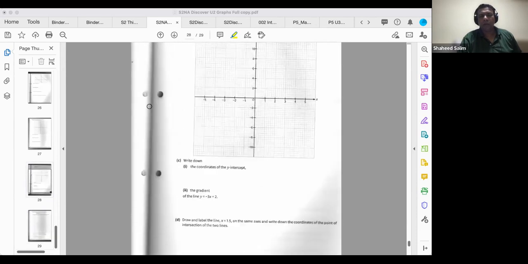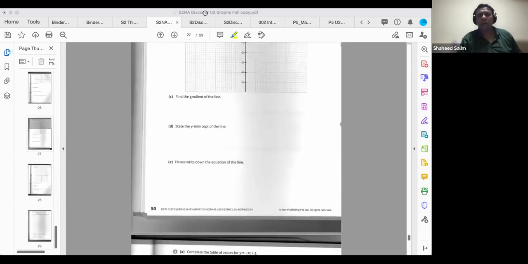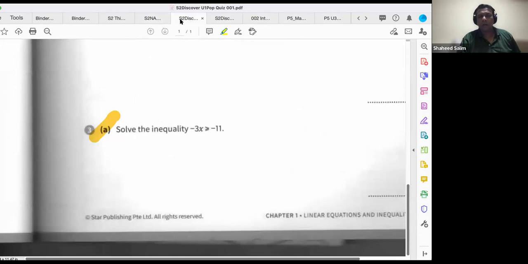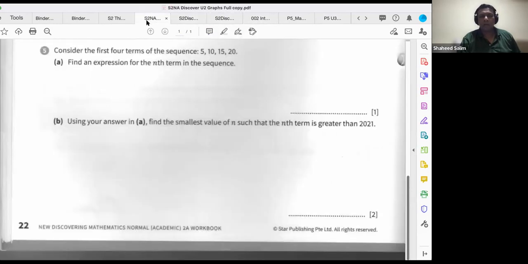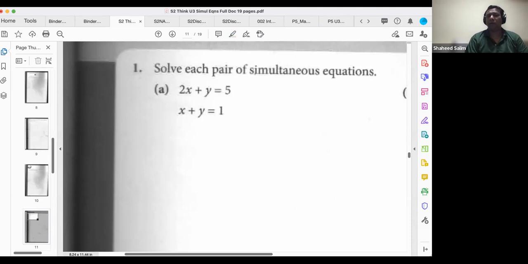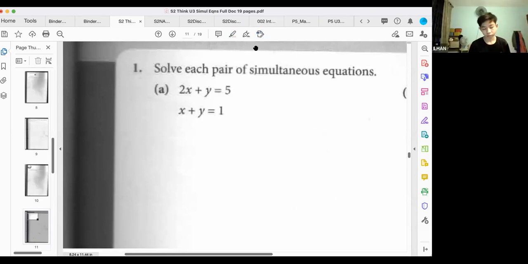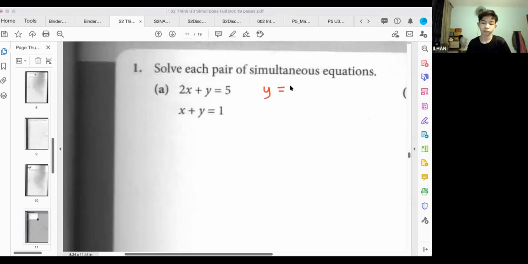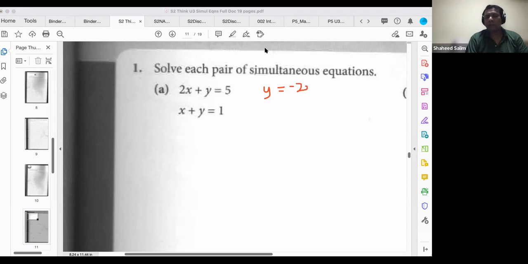Okay. Can you see it's actually the same thing? I write it down. I bring the 2x over: y equals -2x plus 5. This here is a graph.